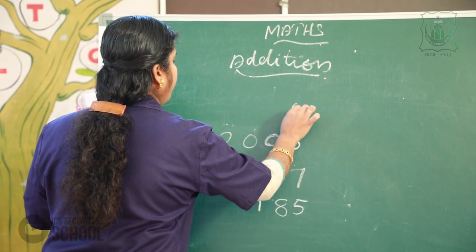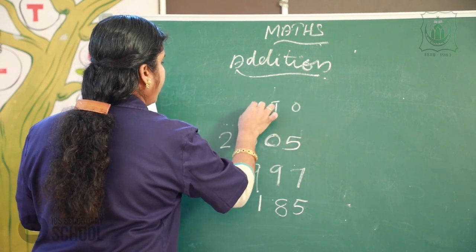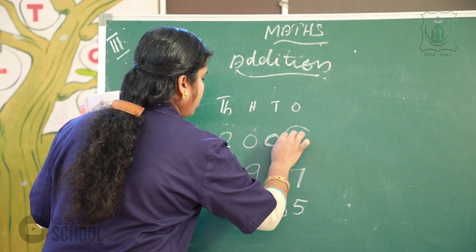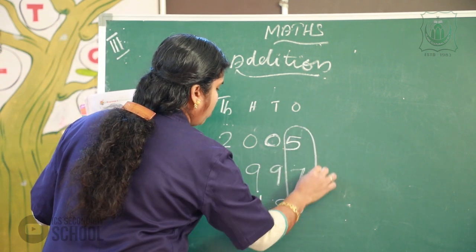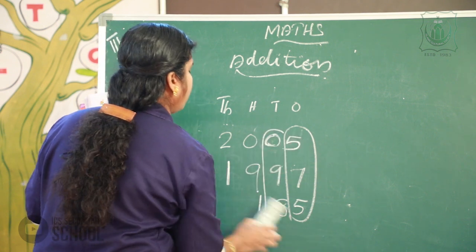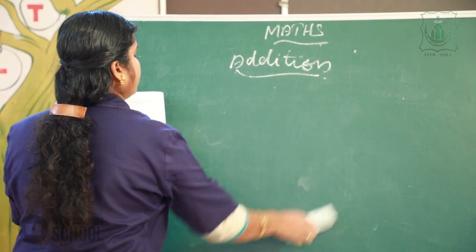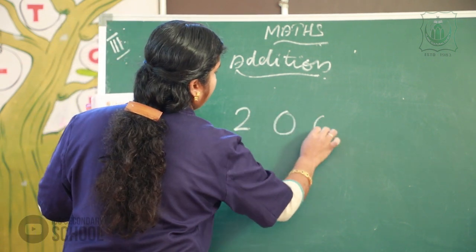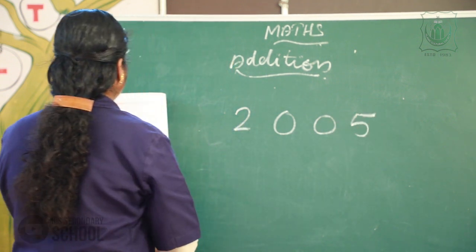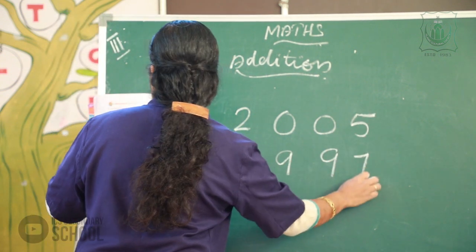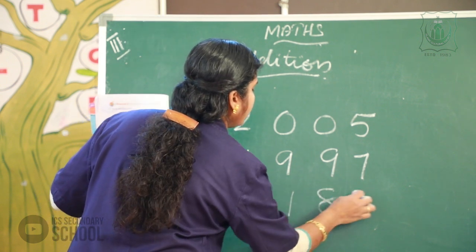Okay. 1 place, 10 place, 100 place and 1000 place. We arrange these columns. Start to arrange these columns. 1 place column, 10 place column. 1997, 185.